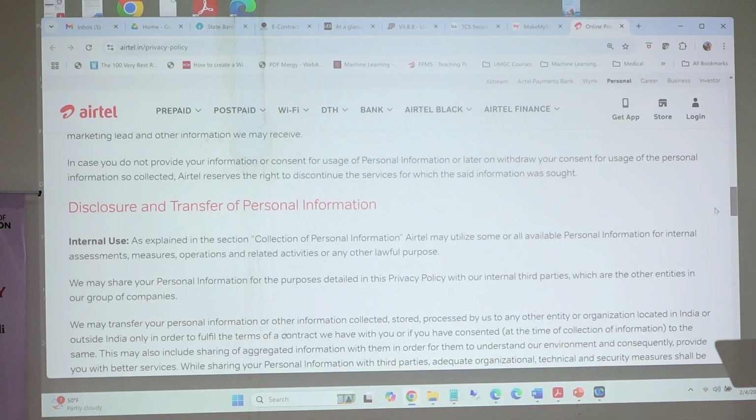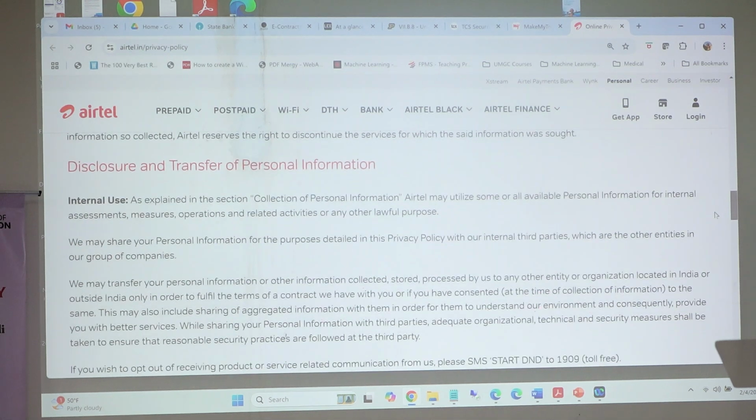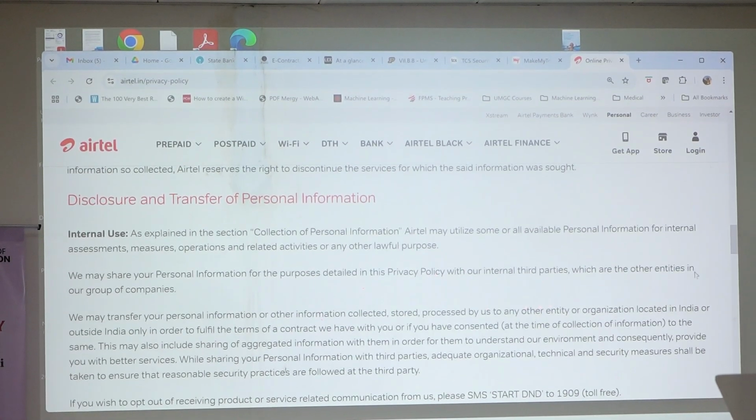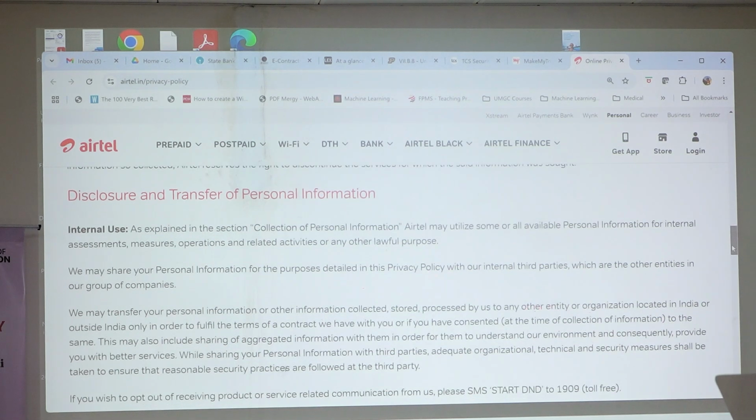And whom will they be sharing that information with? We may transfer your personal information to any other entity or organization located in India or outside India, only in order to fulfill the terms of a contract we have with you. In other words, it is for a legitimate purpose to provide you the service, but they're not telling you exactly whom they contact and why, or what information they will give.